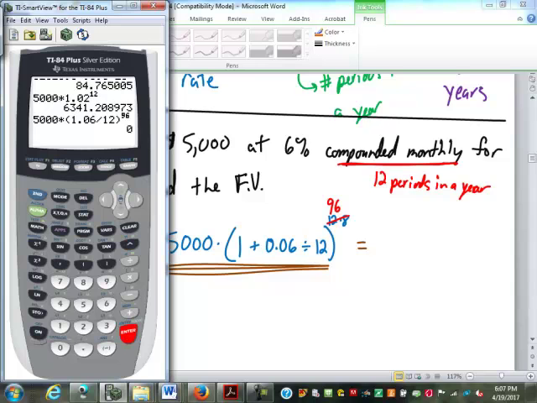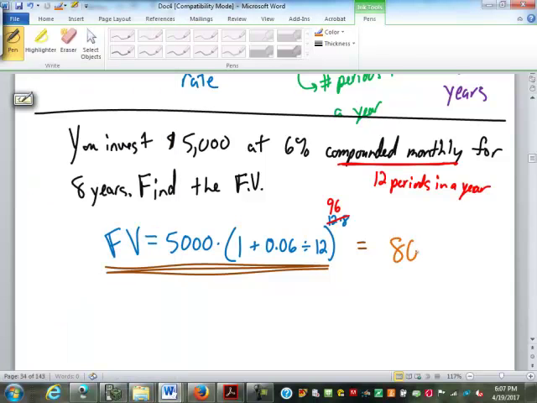That is not real good. Let's try that again. 1 plus 0.06. There we go. $8,070.71.